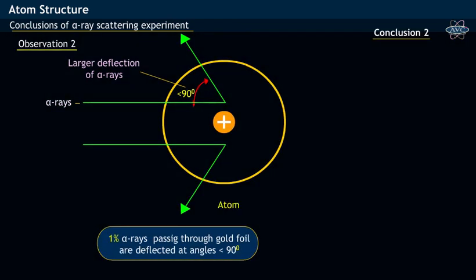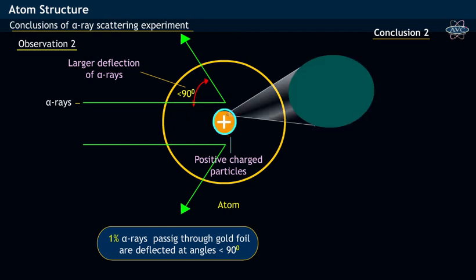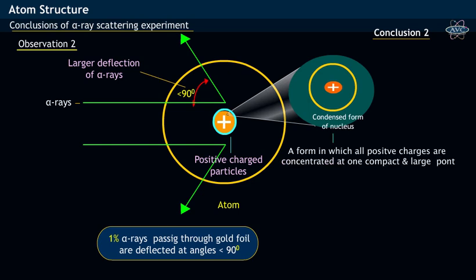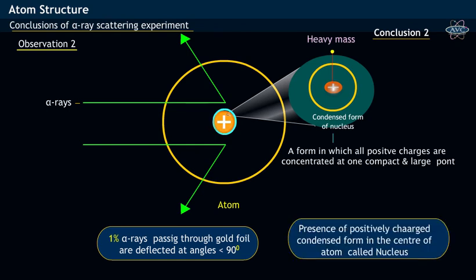From this observation, Rutherford concluded that the whole of the positively charged particles is concentrated in the center of the atom and takes a condensed form, as shown. This portion of positively charged heavy mass occupying small space is called the nucleus.